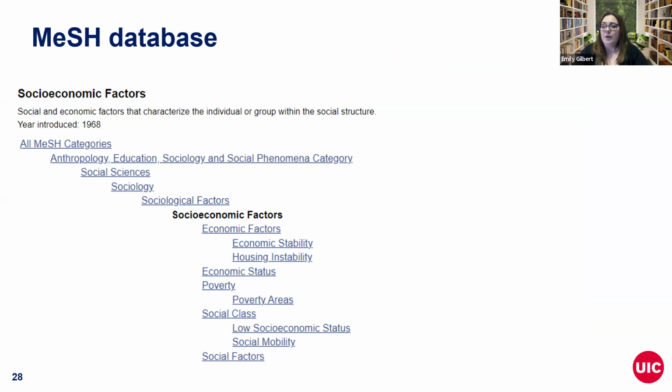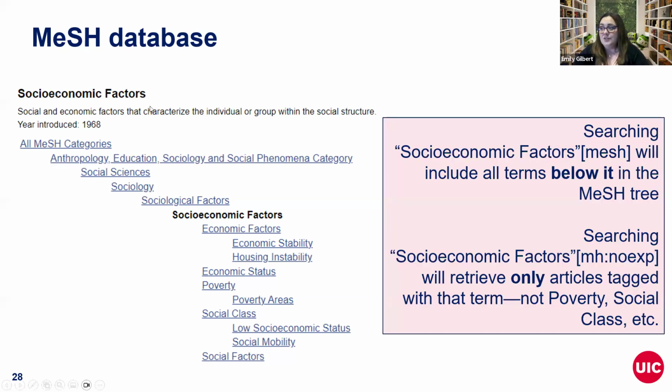This one for socioeconomic factors is important because if you search the MeSH term for socioeconomic factors, it is also going to search anything below it in the tree. So if you search that, you are also searching economic factors, housing instability, poverty, low socioeconomic status.